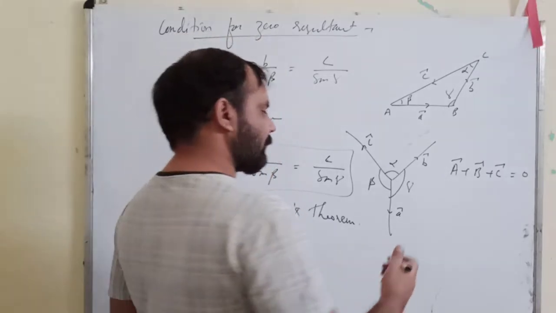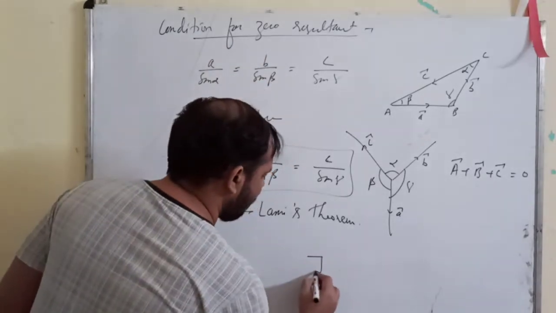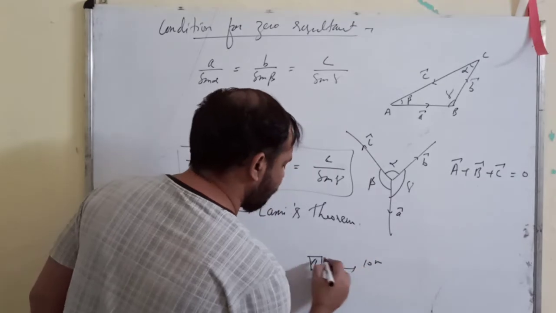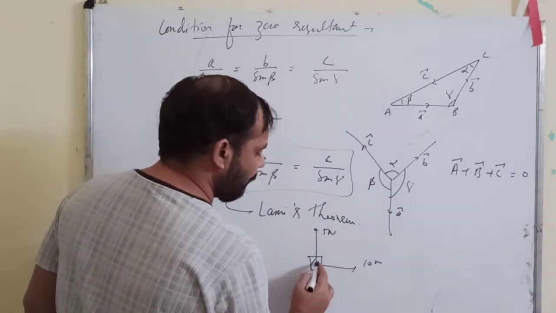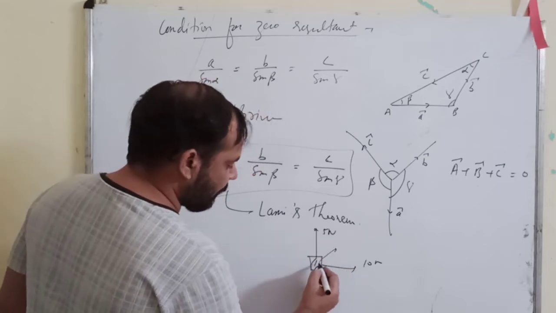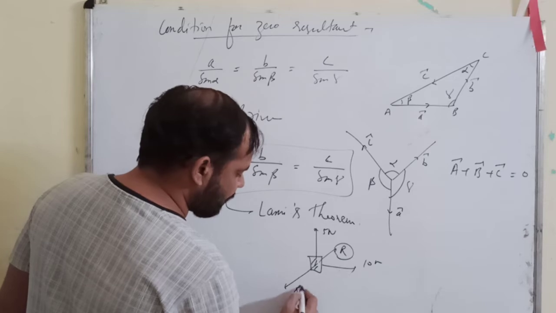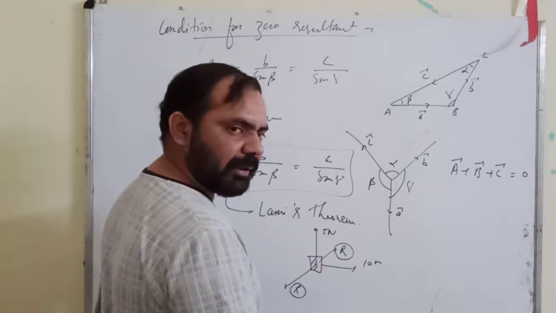Suppose there is a box. A person is pulling in this direction with 10 Newton, another person is pulling in this direction with 5 Newton, then the box will move in this direction. If I apply another force with the same magnitude as the resultant, just opposite to it, the box will not move in either direction.